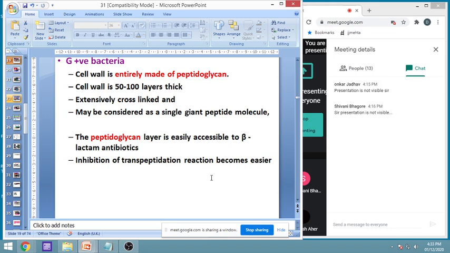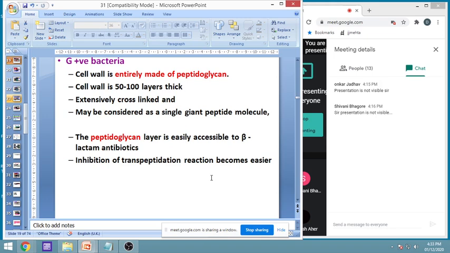Particularly natural penicillins are more active, because the cell wall is entirely made up of peptidoglycan in gram-positive bacteria. It is around 50 to 100 layers thick. It is extensively cross-linked, and may be considered a single giant peptide molecule, just like a structure built from all sides, in a building for example.